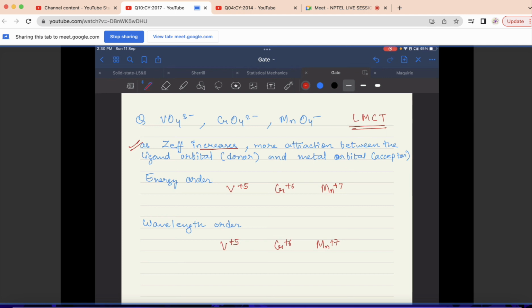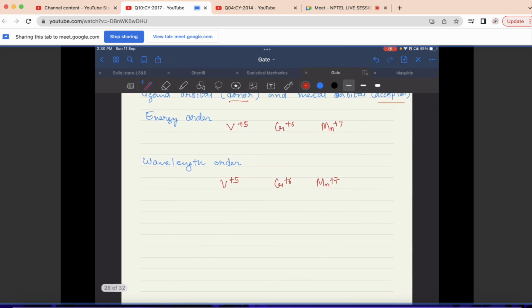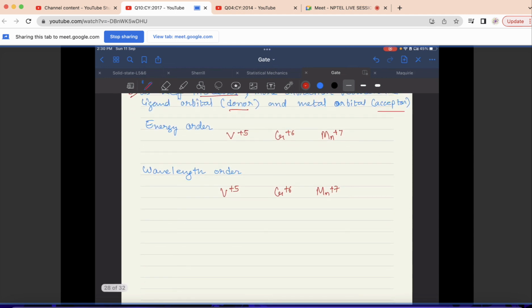So the ligand will act as a donor and my metal will act as an acceptor. The oxidation states are as follows: vanadium plus 5, chromium plus 6, manganese plus 7. So you can see that the molecular orbital will look like this for the Mn.